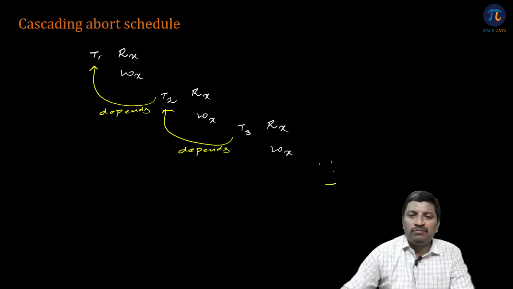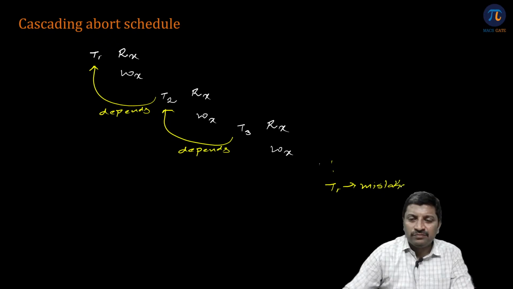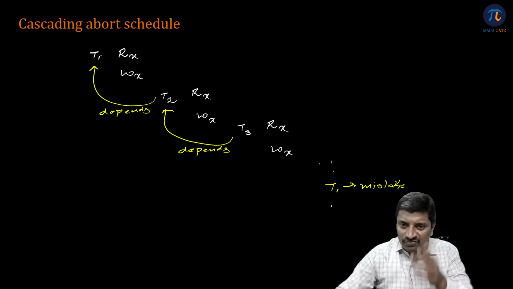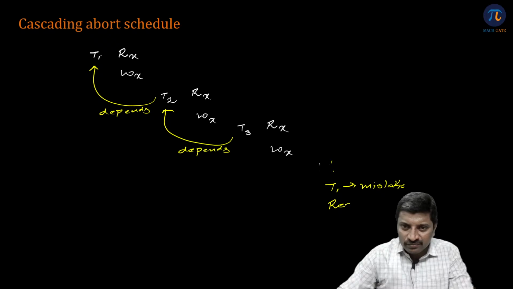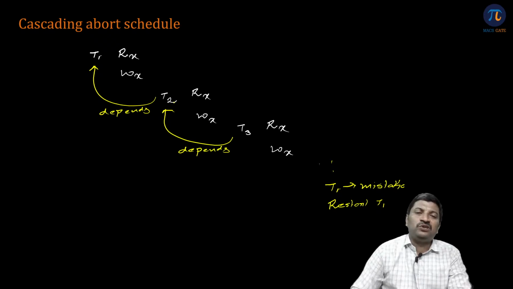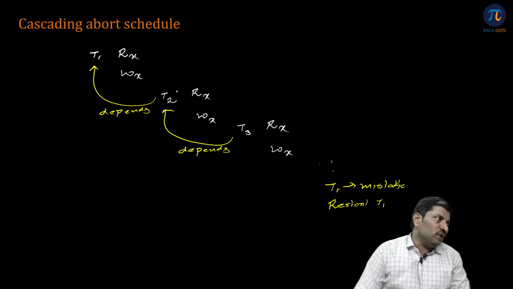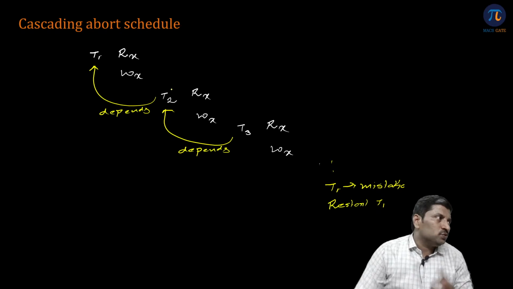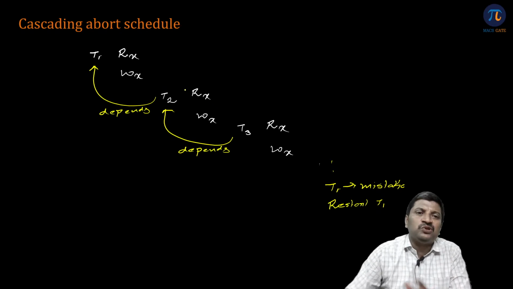After some time, T1 realized some mistake. Then we will restart T1. Whenever you restart T1, what will happen, sir? T2 is depending on T1 and will observe T1 is restarting, so there might be some mistake. So he will also restart.